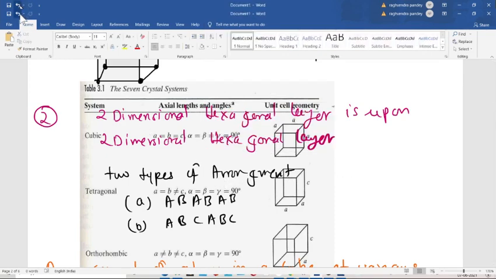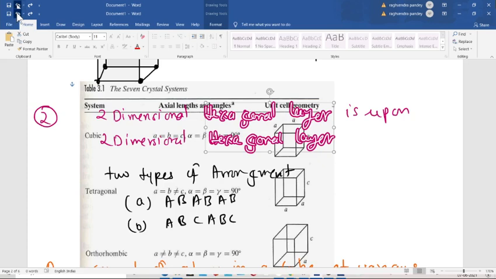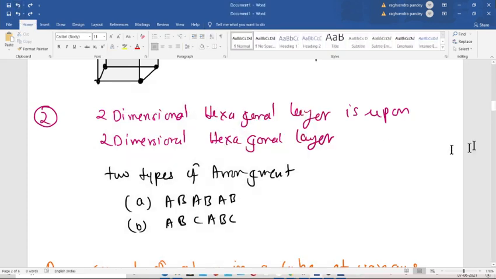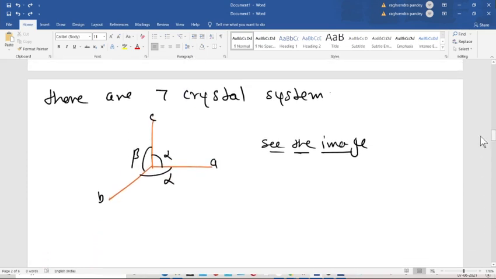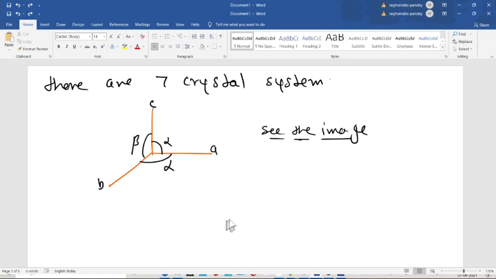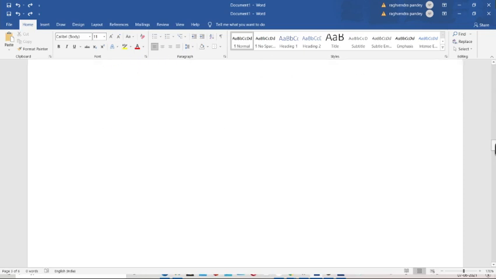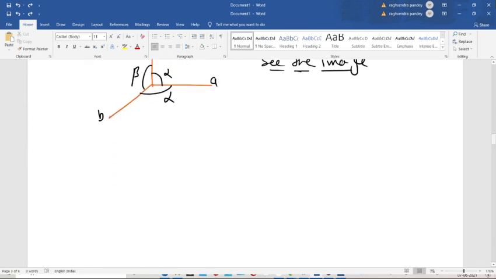No, not possible. People who are experts can do it very fast, but okay. You can see the image; I will give the image to you. So that is your seven crystal systems. In the seven crystal systems, we have seen all this, so see the image there.